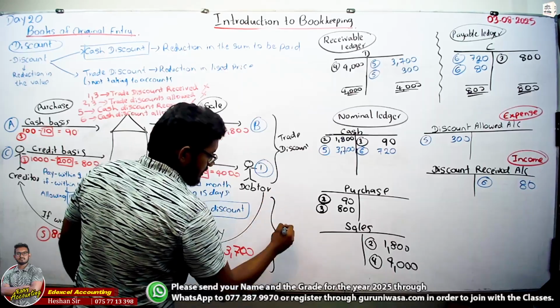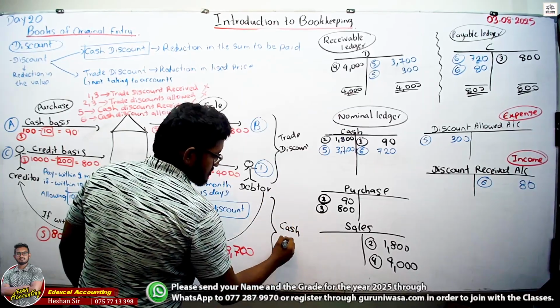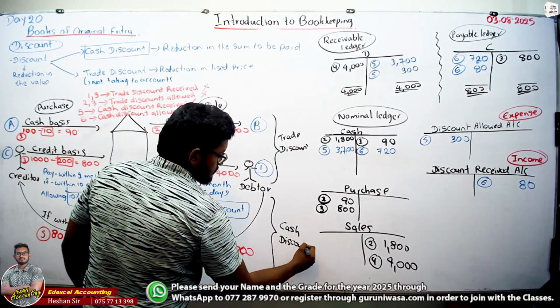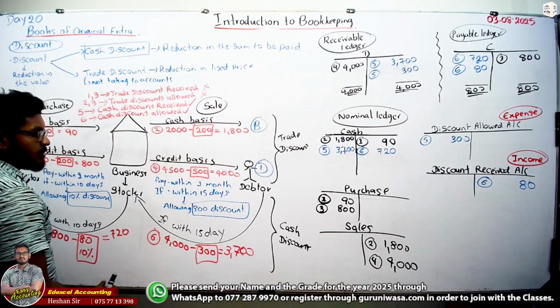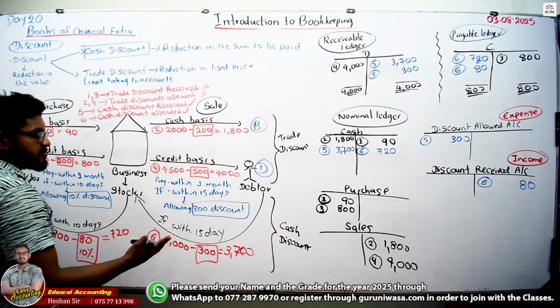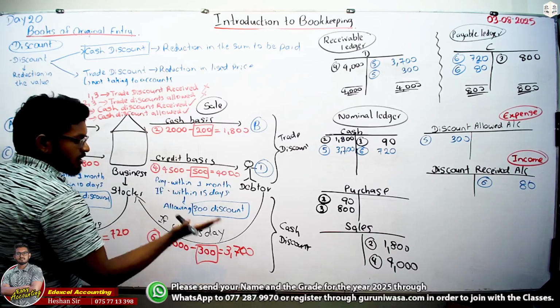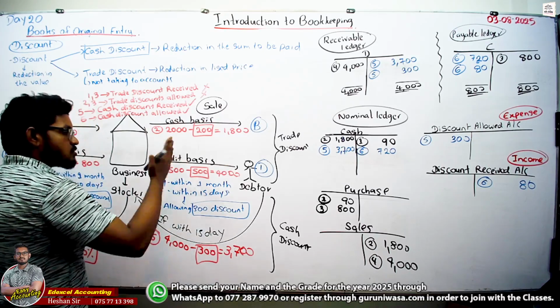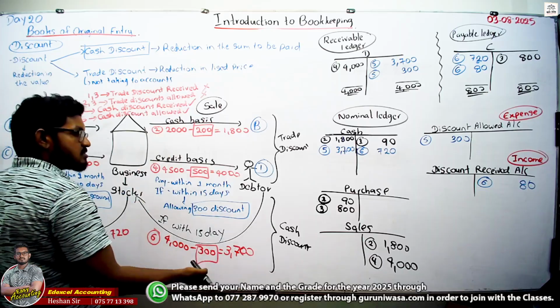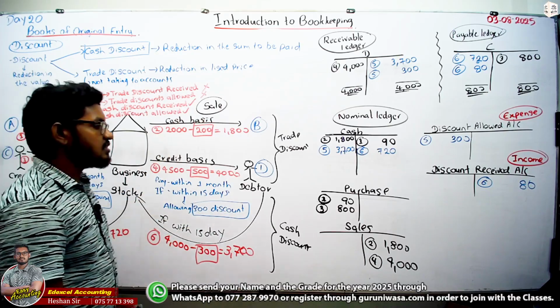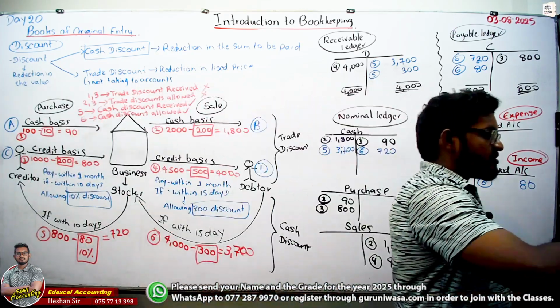These two are cash discounts. There is no statutory requirement that both should be there. Sometimes there can be only trade discounts, no cash discounts. Sometimes there can be only cash discounts, no trade discounts. Sometimes both are not there. It depends on the supplier's intention.